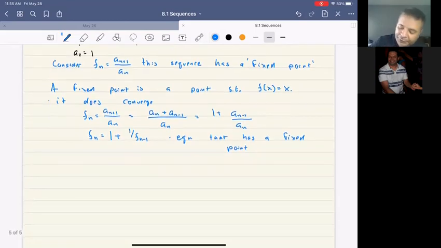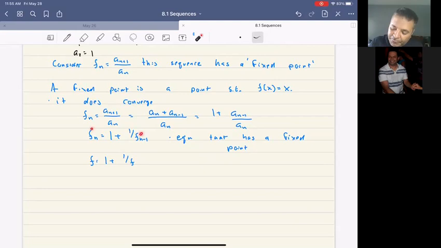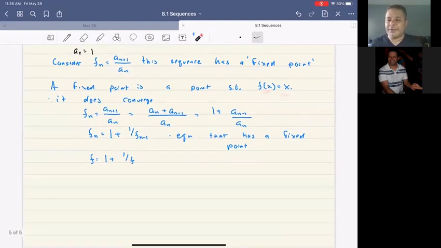Okay, so let's say f equals 1 plus 1 over f. What we're saying is the input is this and the output is this. But if we have a fixed point, the input and the output are the same.